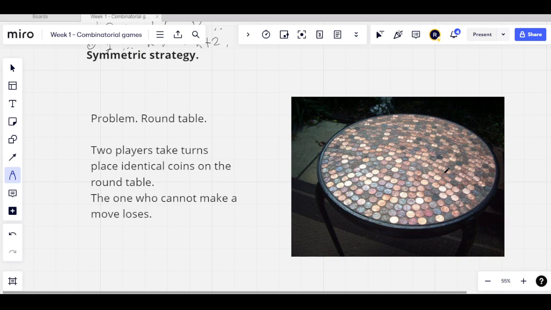Who will win in this situation, the first player or the second player? It's not obvious, I think, for all. It depends on the number of coins.